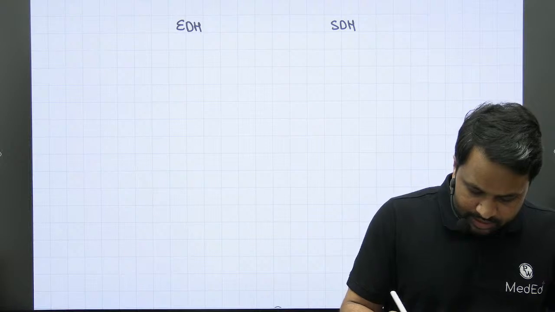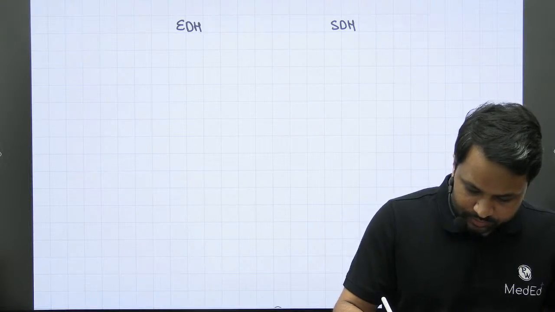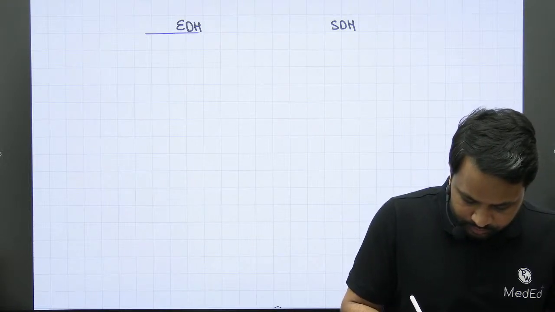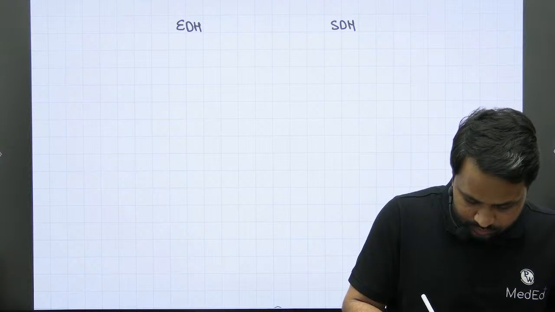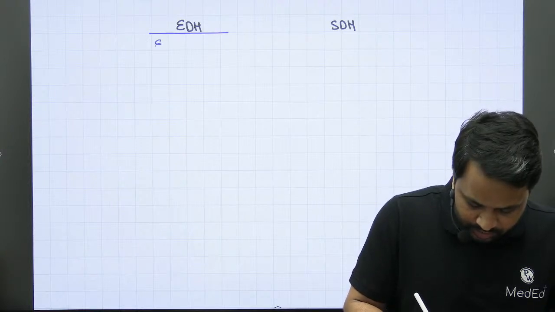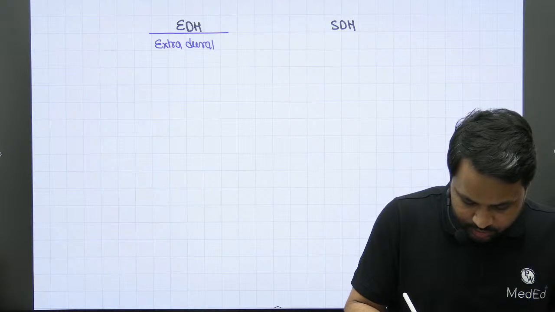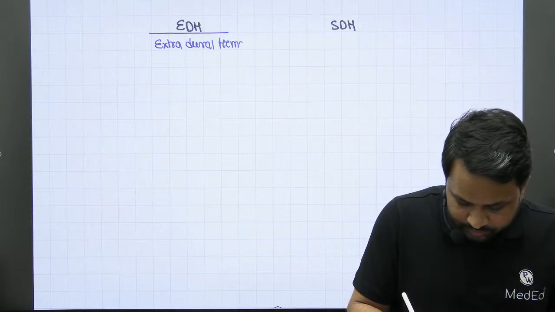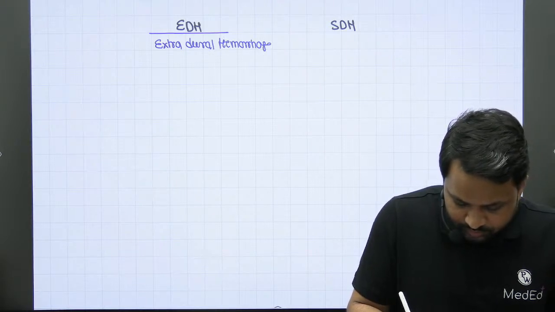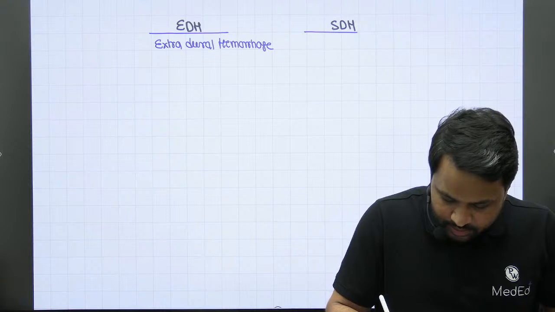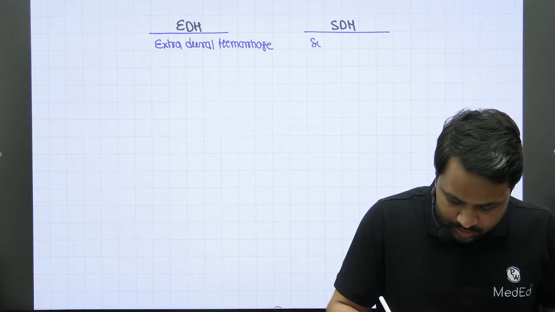So EDH is your extradural hemorrhage. SDH is going to be your subdural hemorrhage.